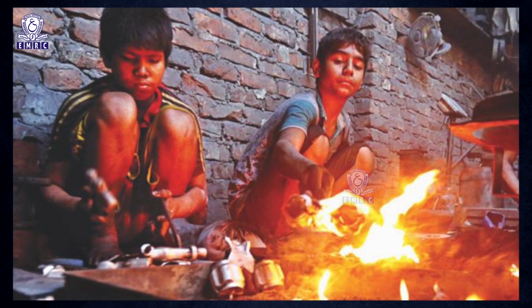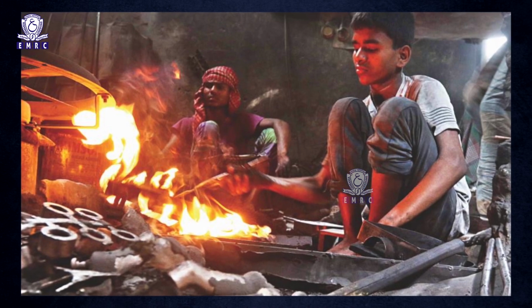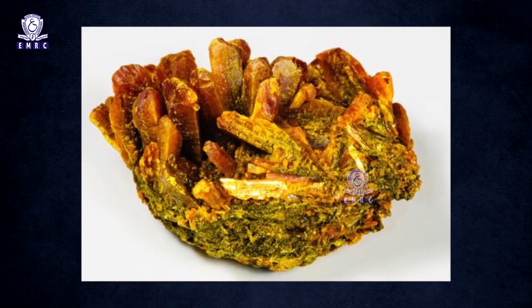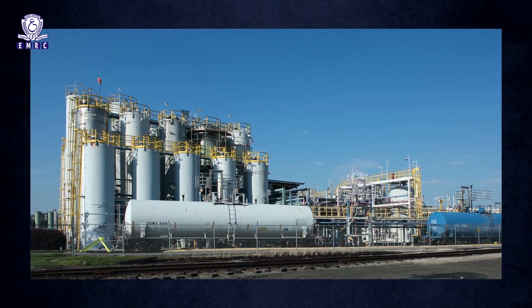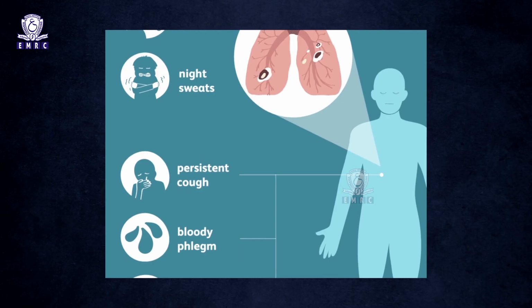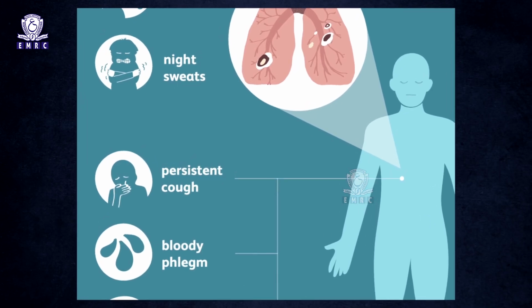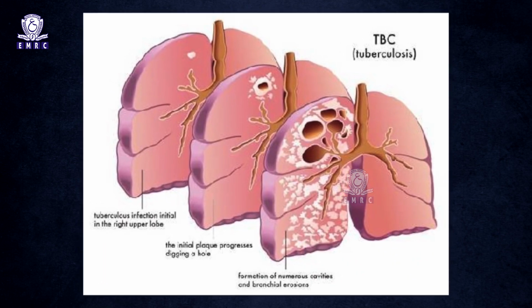They work near furnaces which burn at a temperature of 1400 degrees centigrade. They handle dangerous chemicals like arsenic and potassium. They work in glass blowing units where the work exerts their lungs and creates diseases like tuberculosis.